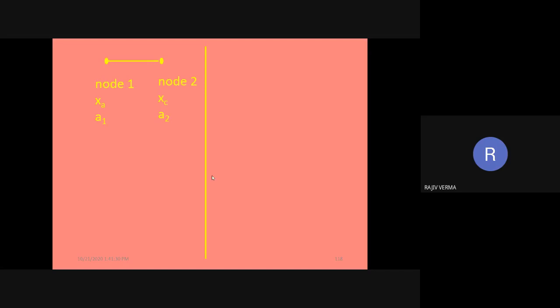The unknowns are a1 and a2. Similarly, the second element has node 3 and node 4. The nodes are located at xc and xb, and the unknowns are a3 and a4. This is element number 1 on the left and element number 2 on the right.